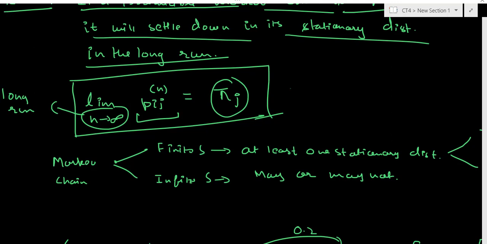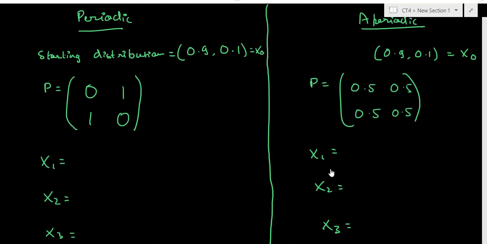Now let's understand the logic behind why this Markov chain settles in its stationary distribution in the long run only when it is aperiodic and not when it is periodic. Let's try to see the difference between a periodic and an aperiodic Markov chain.